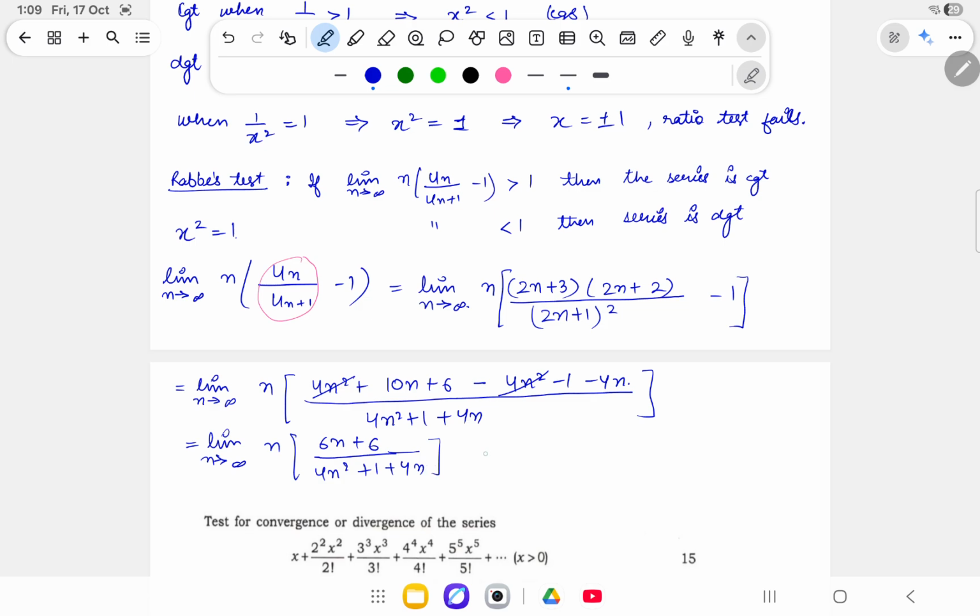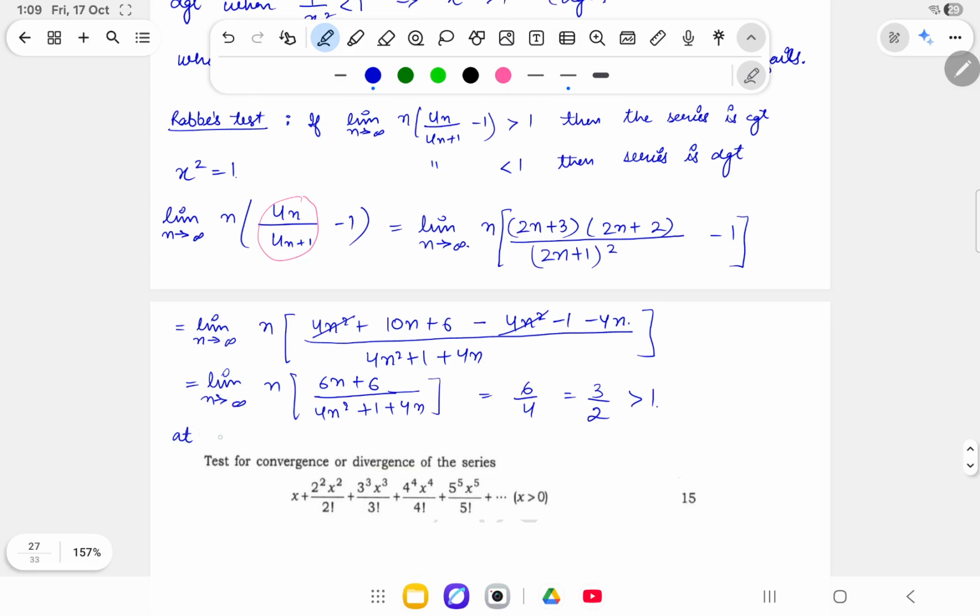If we calculate its limit, we get 6 by 4, that is 3 by 2, and this is greater than 1. So at x square equals 1 also, our series, summation an, is convergent.